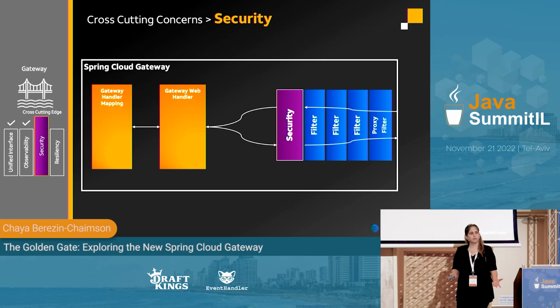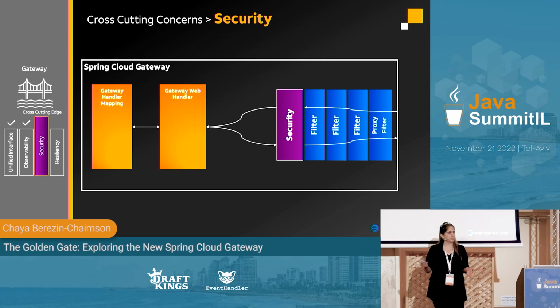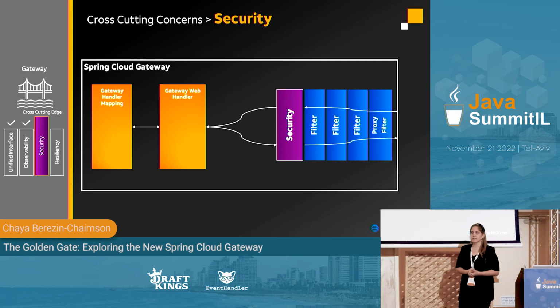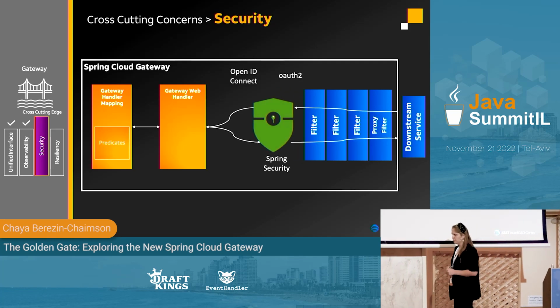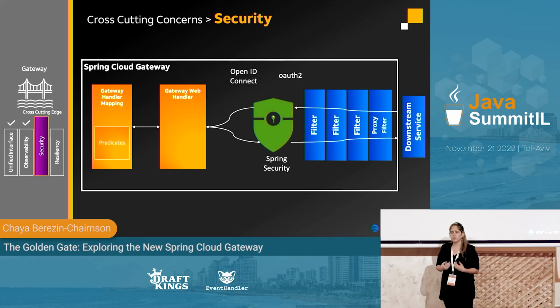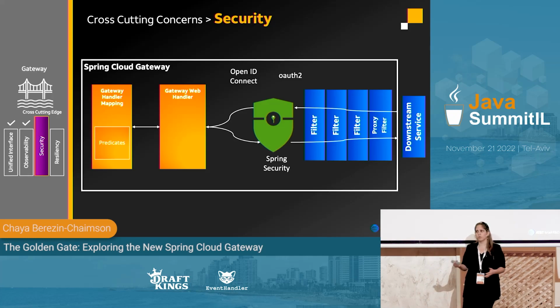Because Spring Cloud Gateway is built on top of the Spring ecosystem. It's just a bare Spring WebFlux application. It has full and fluent integration with Spring Security. So in our system, we use OpenID Connect and OAuth2 for authentication and authorization.